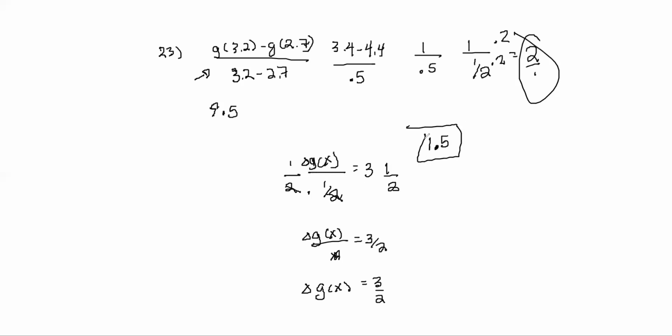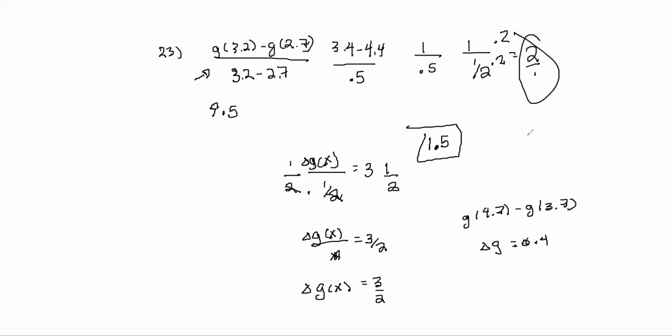Now I can go back and look at my g of x. For instance, if I have g of 4.2 and g of 3.7, my delta g is going to be 0.4, which is nothing like what I need. So I'm just going to keep looking.